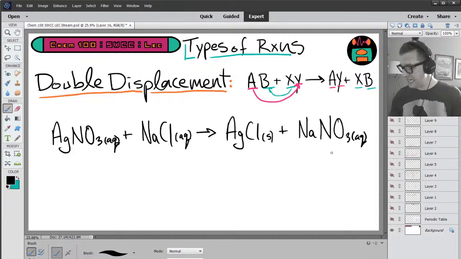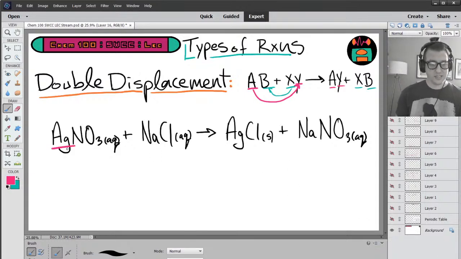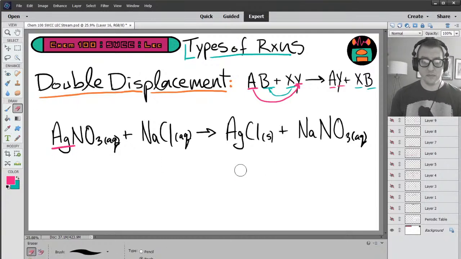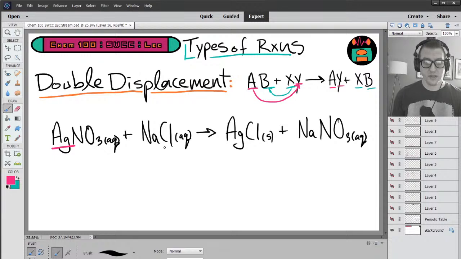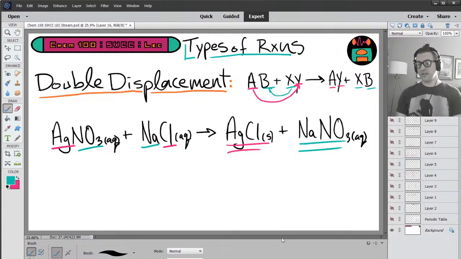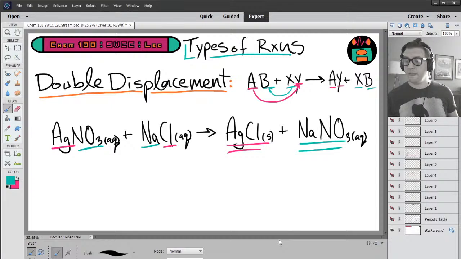What you can see is the silver in silver nitrate grabs a hold of the chloride to make silver chloride. That would be your AY situation. And then sodium grabs a hold of nitrate to make sodium nitrate, and that would be your XB situation. So that is a double displacement reaction.